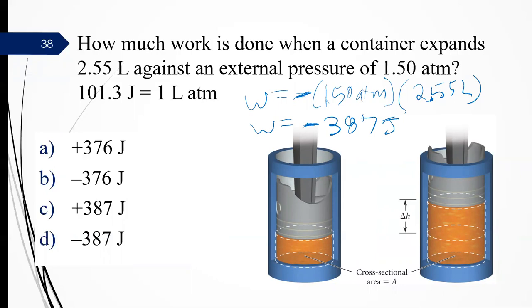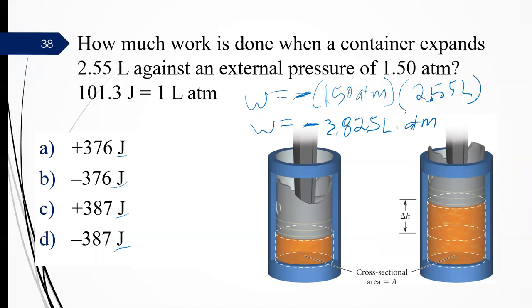Oh, sorry, not joules. Skipped ahead there. We didn't even do our conversion. So 1.5 times 2.55 became 3.825 liter atmospheres. And then we want to get that into joules because our units are in joules.